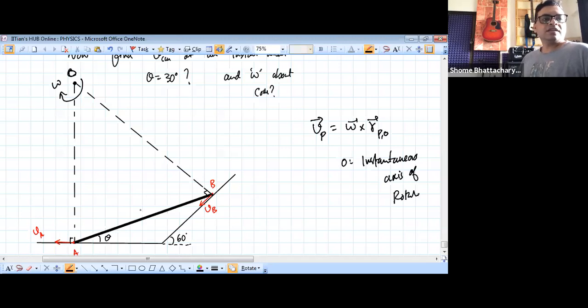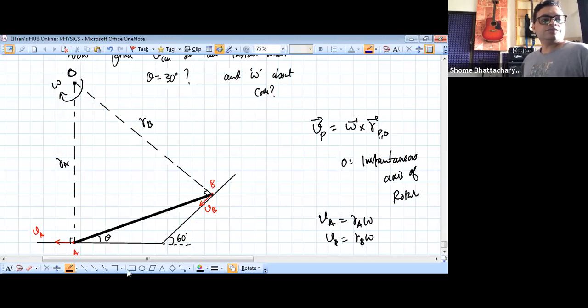In this diagram, if this distance is RA and this distance is RB, then VA should be equal to RA into omega, VB should be equal to RB into omega, and more importantly, now the center of mass is sitting here.